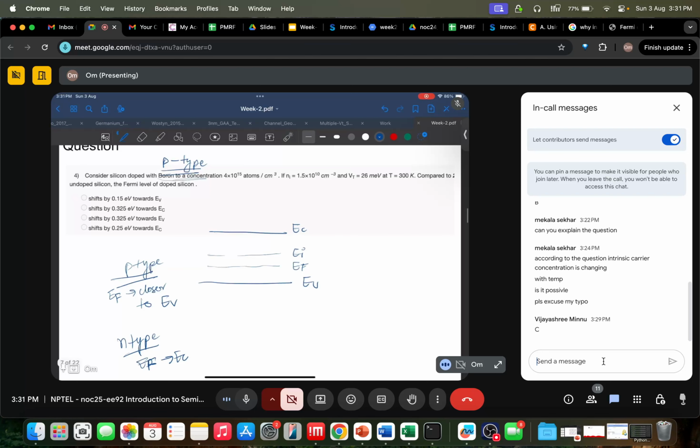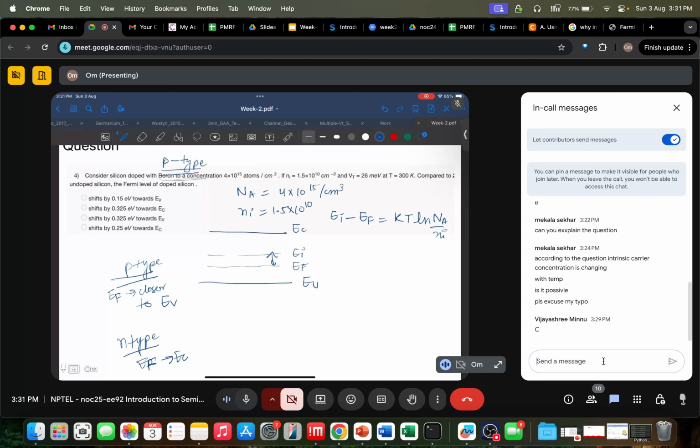Okay, so we can find this Ei minus Ef, which is given as kT ln Na by ni. Na is the doping. Na is 4 into 10 to the power 15 per centimeter cube. ni is 1.5 into 10 to the power 10.